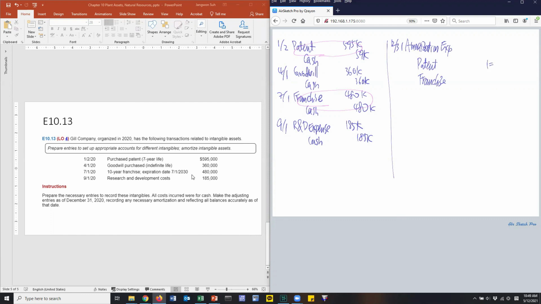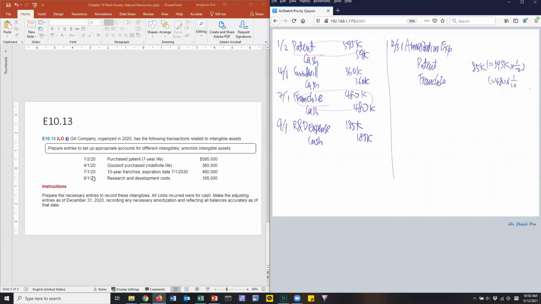How much? Out of 595K, how many years have passed between January 2nd and December 31st? 1 year, right? And it is protected for 7 years. So you should amortize 1/7. How much is it? 595 divided by 7 is 85K. For franchise, it is 480, which is protected for 10 years.